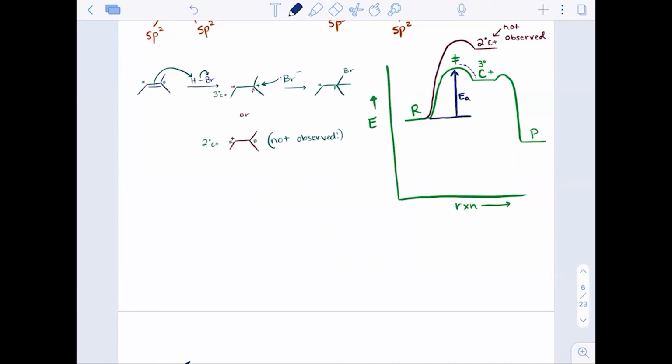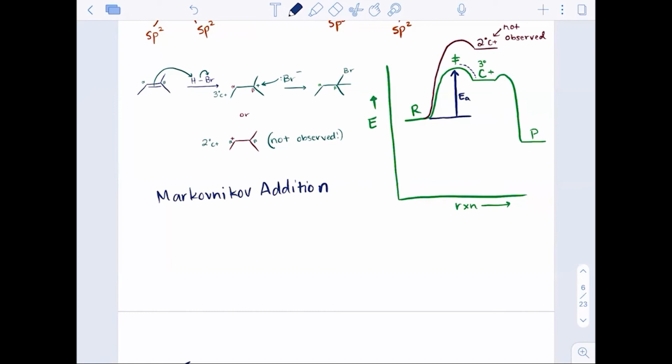So we will always form a more substituted carbocation when available. This is called Markovnikov addition. Markovnikov addition is the idea that the carbocation intermediate will always be the more substituted.